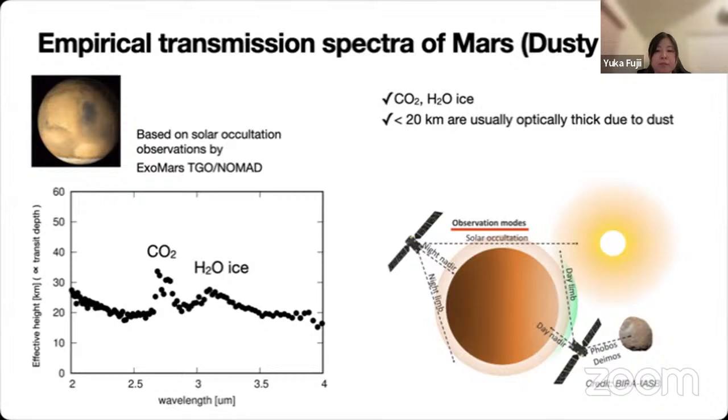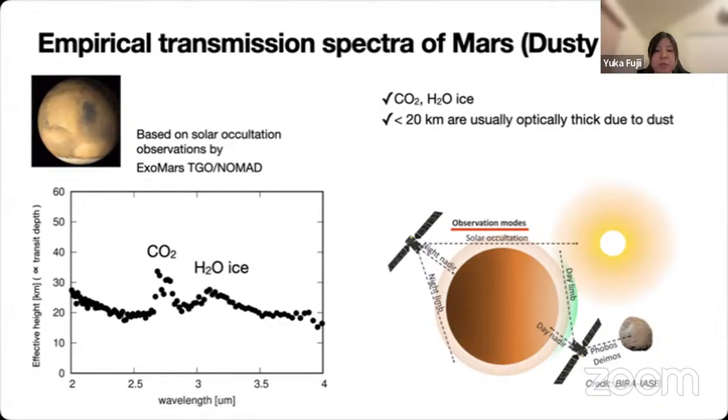And this itself is a relatively strong feature because it becomes optically thick around 40 kilometers, which corresponds to 10 to the minus 4 bar. However, even though the Martian atmosphere is thin, it's optically thick near the surface because of the dust, and therefore the signal is much suppressed, as shown by this offset.